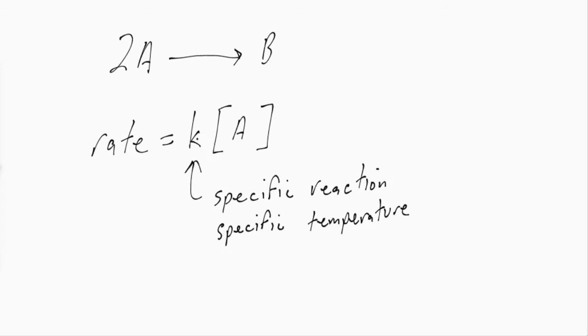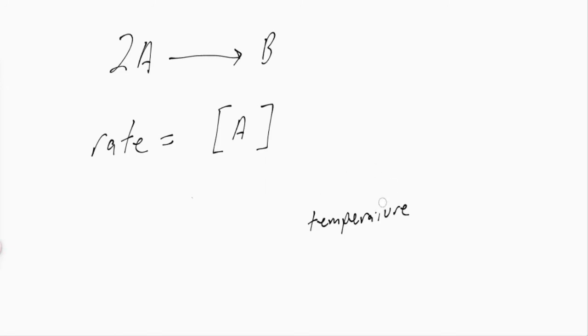So now that we understand that this is just going to be a component of our rate equation, depending on what reaction we're doing and what temperature we're at, I'm just going to get rid of this for a second because it's really a constant for changing the concentrations, and it's going to apply to every trial of every experiment that we do to find information about changing this concentration of A and how it's going to affect the rate.